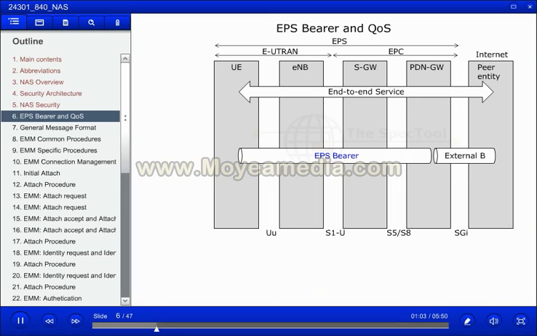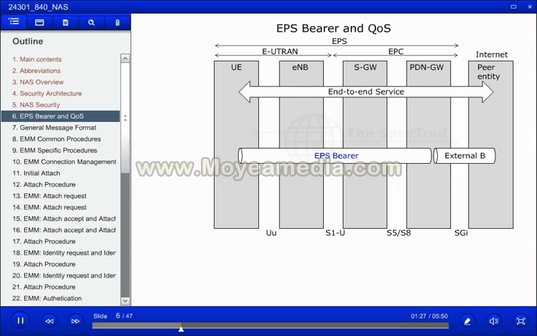The quality of service solution for the external bearer will in many cases be beyond the control of the mobile operator and built on techniques developed by IETF, like DiffServ and MPLS.